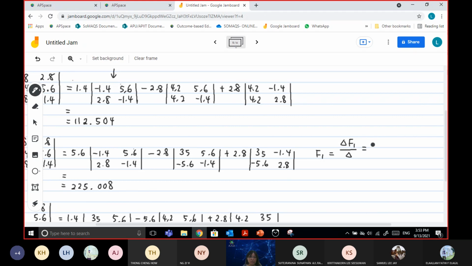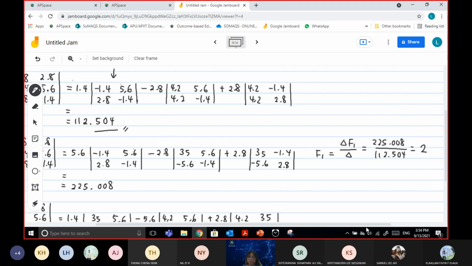Just now we have 225.008, then divided by the determinant here, 112.504. So what do you get for F1? Exactly 2.